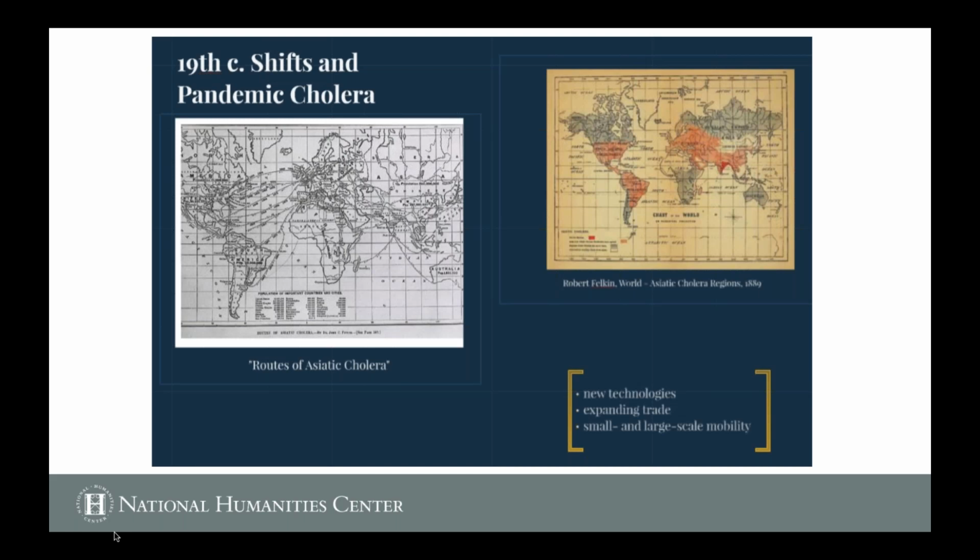But what's really interesting about quarantine and its big sister, the cordon sanitaire, which is the sanitary cordon closing off of a really big area, is that these international conferences apply quarantine very unevenly according to geopolitics at the time.